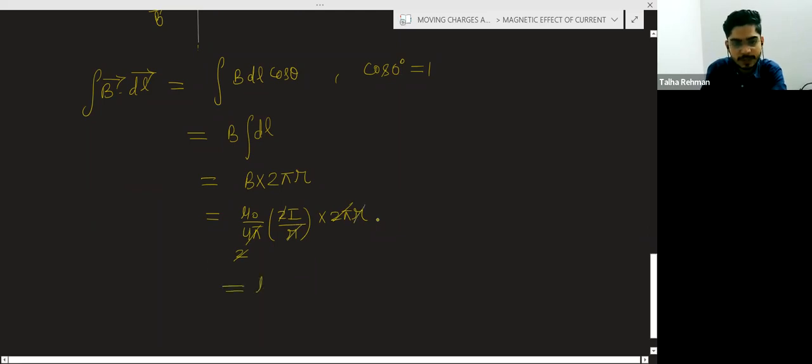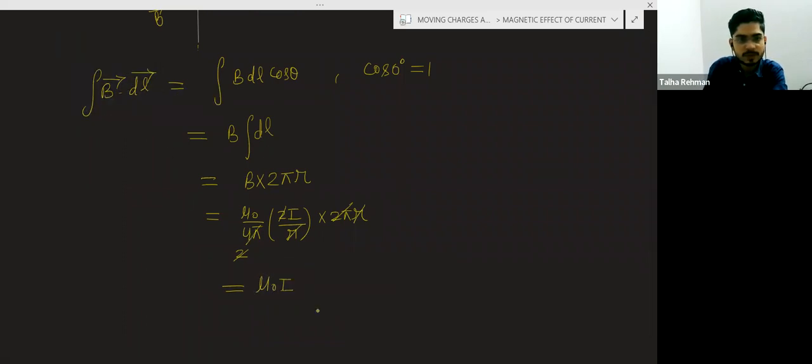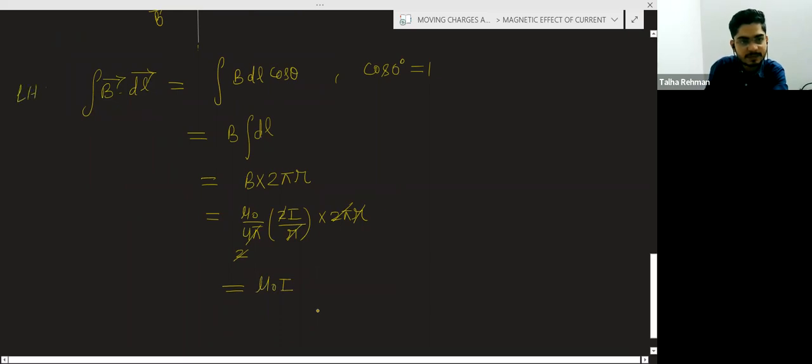Finally you get mu 0 times I. So we have proved that the integral of B dot dl is equal to mu 0 into I. This is your left hand side and this is your right hand side, so left hand side is equal to right hand side.